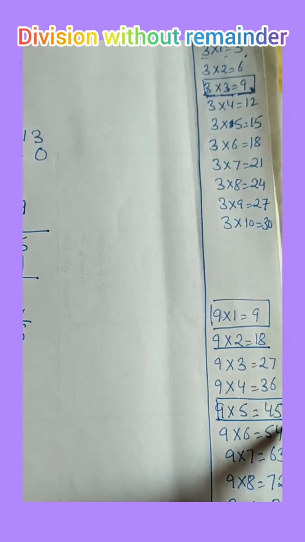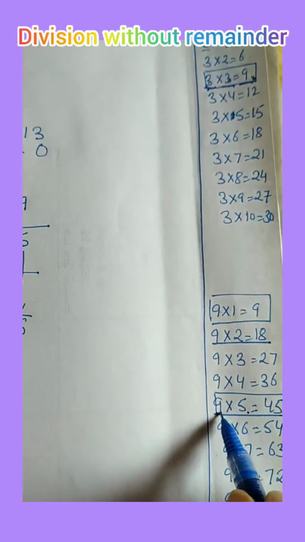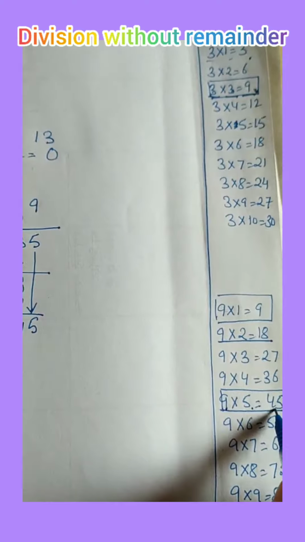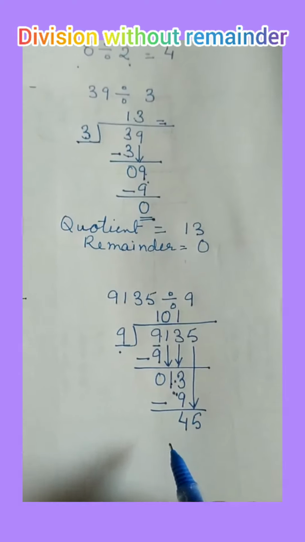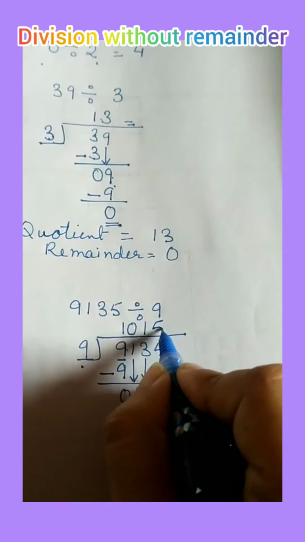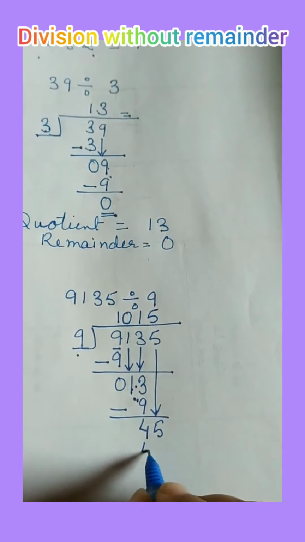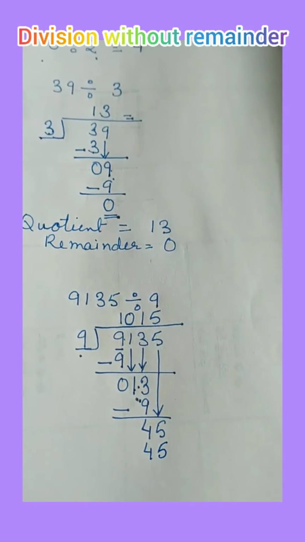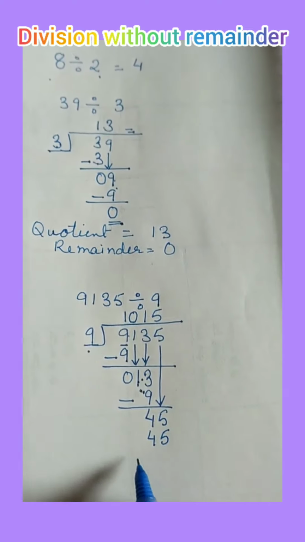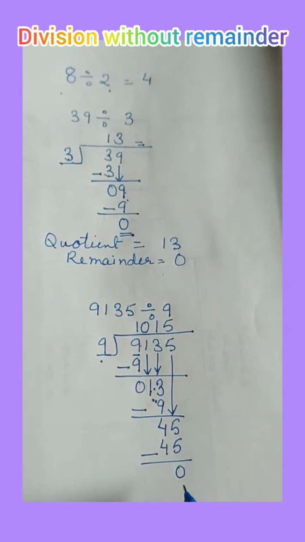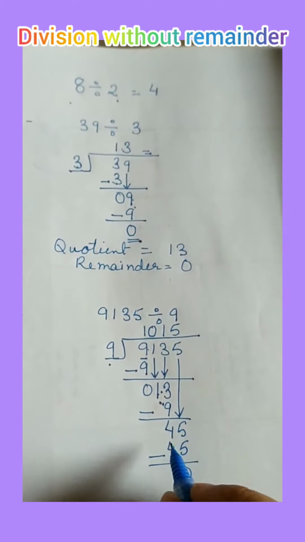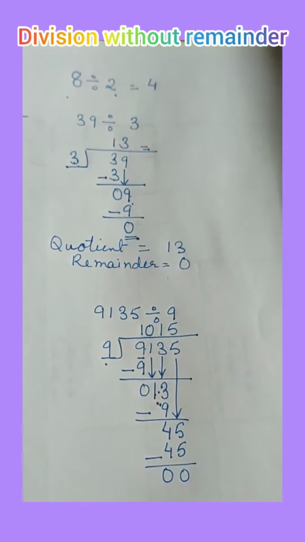It means 5 times 9 is equal to 45. And here we need 45 only. So we will write 5 times 9 is equal to 45. Right? Now subtract it. 5 minus 5 is equal to 0 and 4 minus 4 is equal to 0.